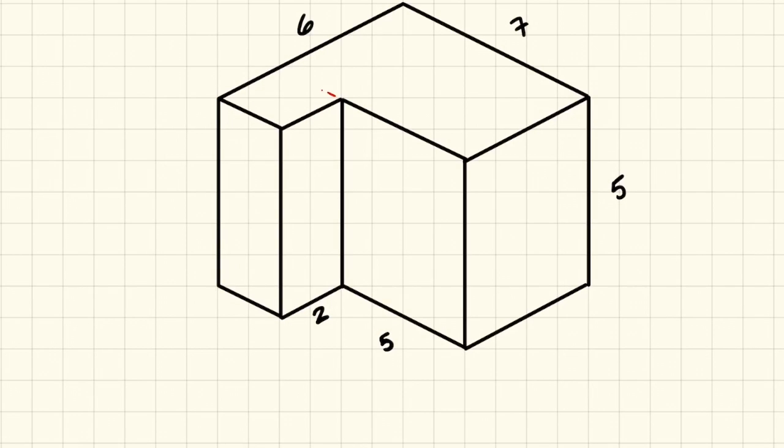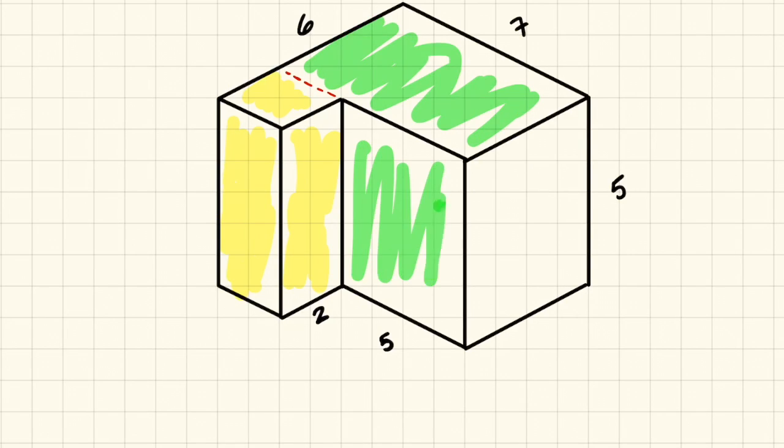I'm going to cut this little piece off right there, and all of a sudden, do you see how I take this off? I'm going to use my highlighter here. I'm going to focus on this part as the first shape, and then this other part is going to be the second shape.